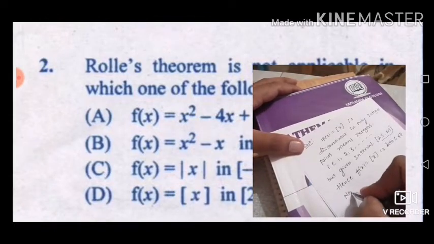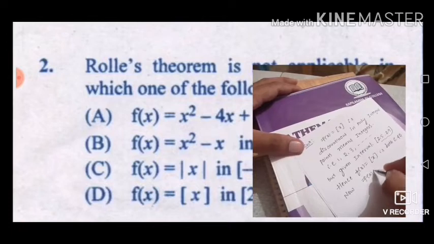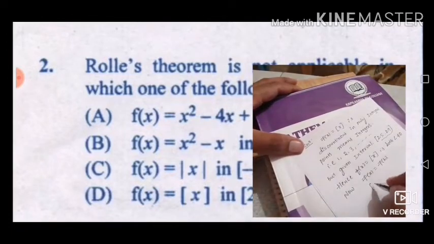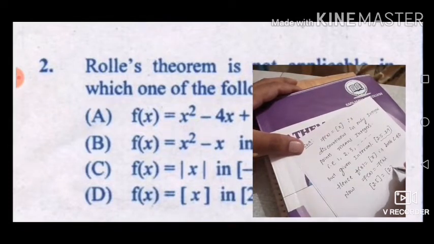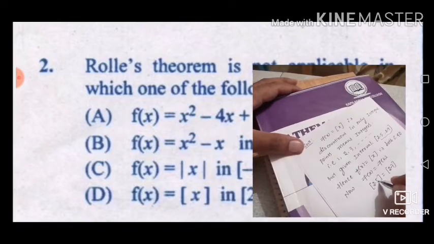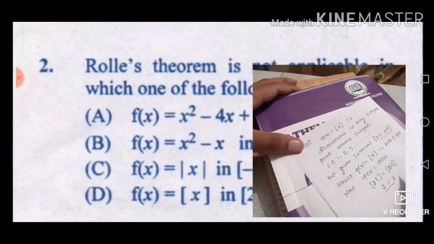Now let us check f of a equals f of b. Greatest integer of 2.5 equals greatest integer of 2.7. We know very well 2.5 in the greatest integer function has value 2 and this value is also 2. Hence option D verifies Rolle's theorem.